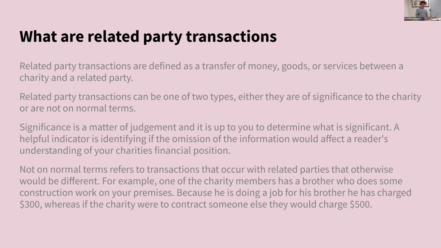So you get your member's brother to do that work and he charges you $300. Whereas if you had taken this to the market, you would have been quoted $500. So essentially your charity has got a $200 discount because you have a member whose brother is a builder. There's nothing actually bad with this, it just needs to be stated.